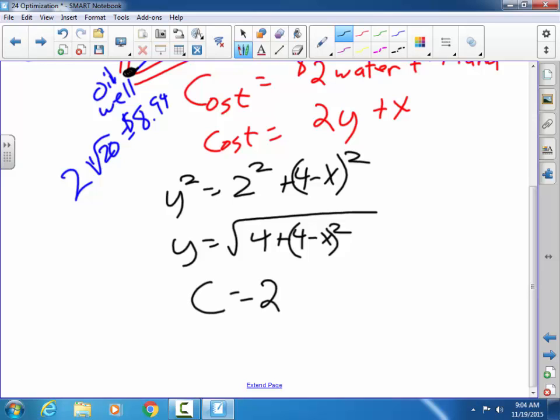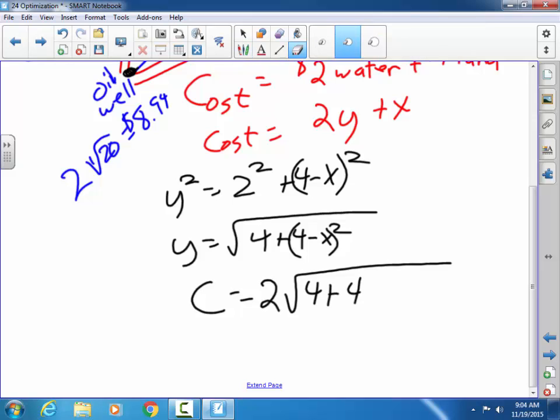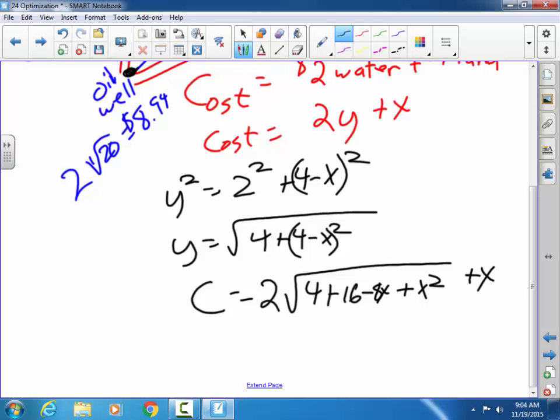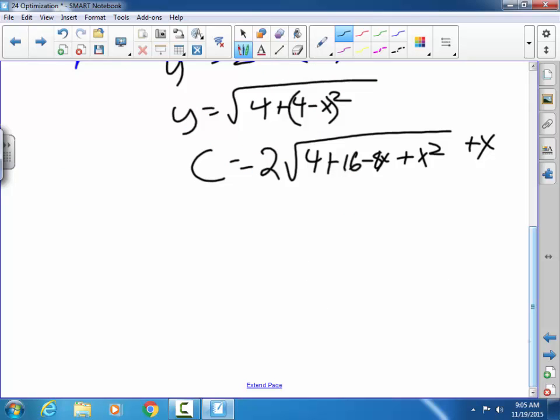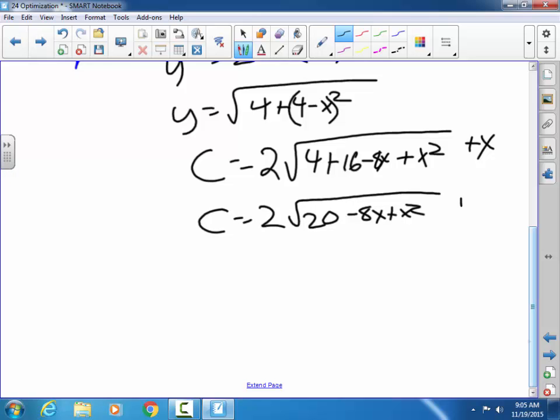Our cost is 2 times the square root of this. And since that's just a square, I'm going to go ahead and square it out. Square the front, square the back, twice the product. 2 times the square root of 4 plus 16 minus 8x plus x squared, plus x. So the cost is 2 times the square root of 20 minus 8x plus x squared, plus x. There's the cost.